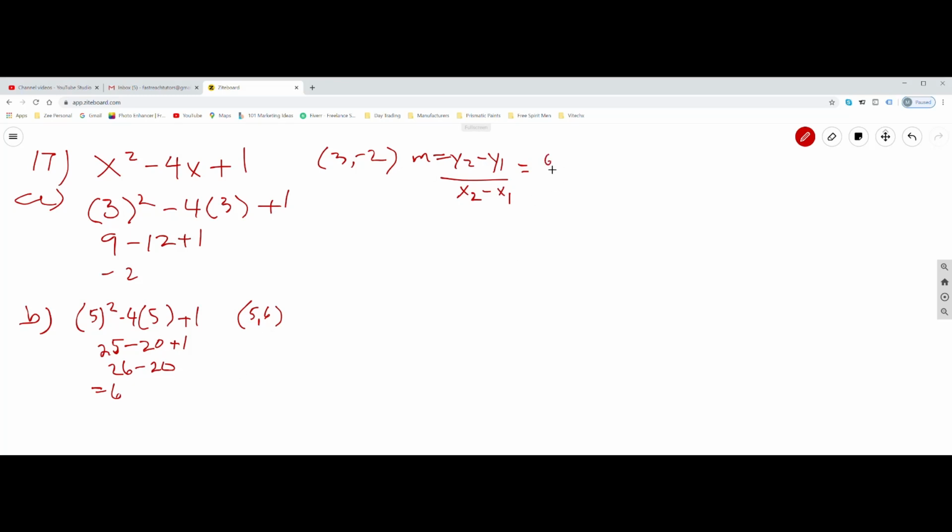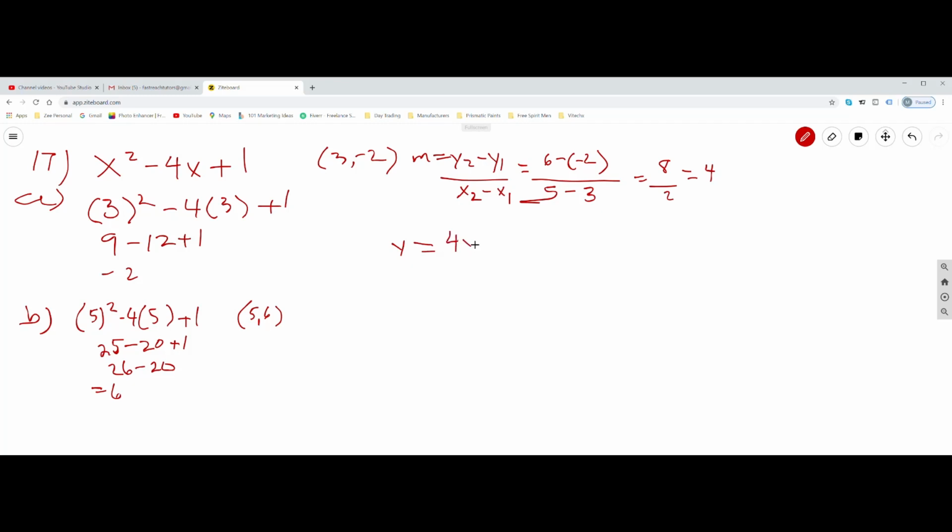So 6 minus 2 over 5 minus 3. So the bottom is going to be a 2. The top is going to be 8. We're left with 4.